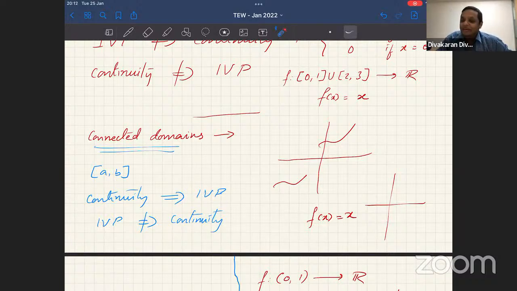All the examples we saw so far use sine 1 by x somehow. So it's natural to ask, is sine 1 by x the only such function? Or are there other functions that satisfy IVP but not continuity? What do you think? Is sine 1 by x really special, or is there something else going on?